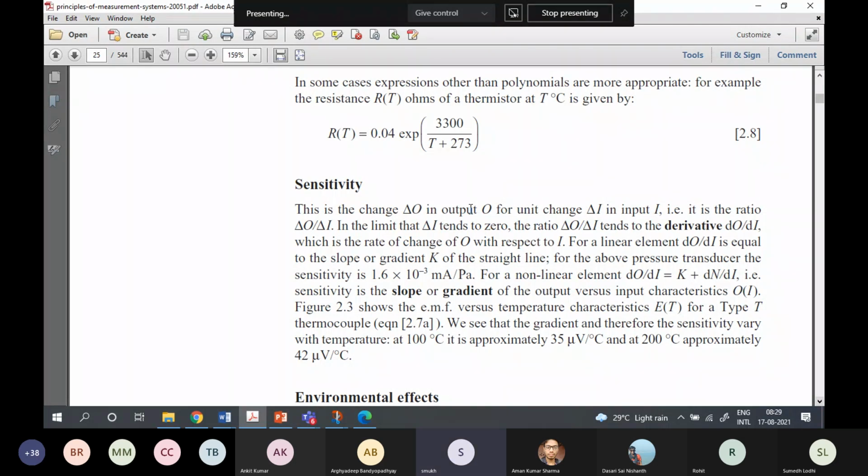So it is delta O by delta I. Why these deltas are given is because this definition is applicable even if the instrument is nonlinear. But for a linear instrument, delta O by delta I is going to be constant. For a nonlinear instrument, it will not be constant. It will be dependent on the value of I. The slope will change, right?